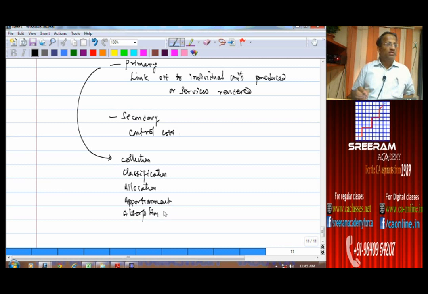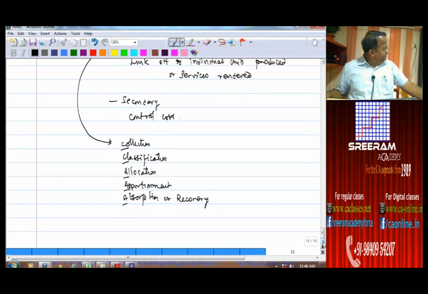It is very easy to remember. Just see CCAAA: collection, classification, allocation, apportionment, and absorption. This absorption is nothing but recovery. So make note of that.